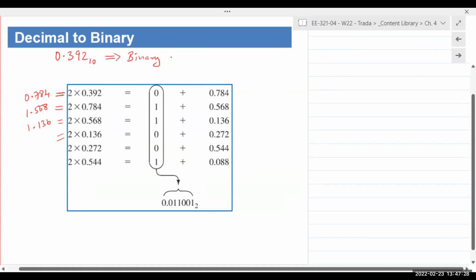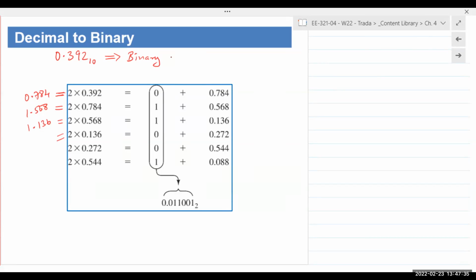Because it's the fraction, we multiply it by 2. Every time we take that fraction and multiply by 2, we get, so 0.392 times 2 gives us 0.784. The real portion is 0, so we keep that 0. And then we take the decimal part, which is 0.784.